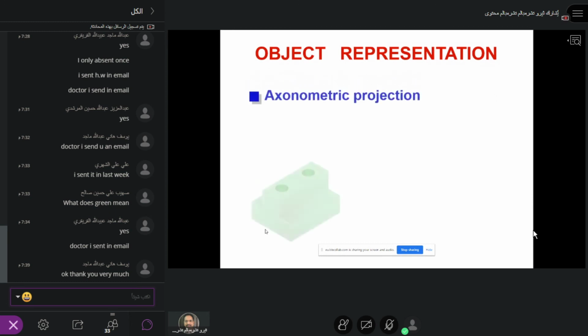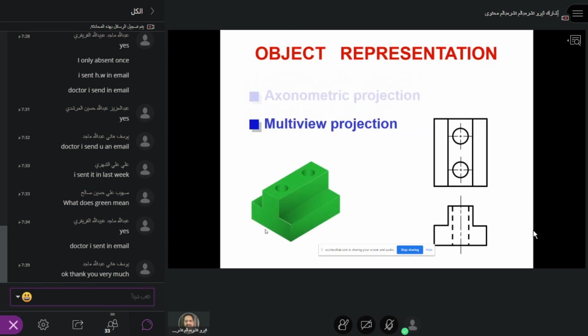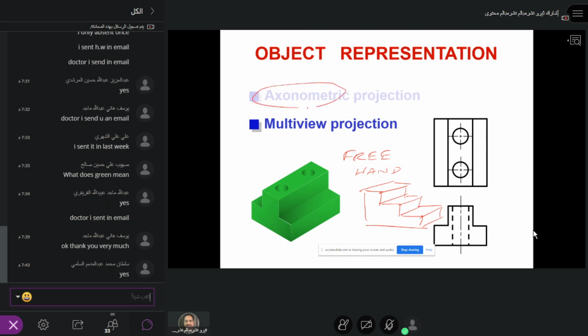So, axonometric multi-view. If you remember this, in the first chapter itself, we have done the freehand. In the freehand, you have drawn this. I hope you remember this, right? This is what we call the axonometric projection.